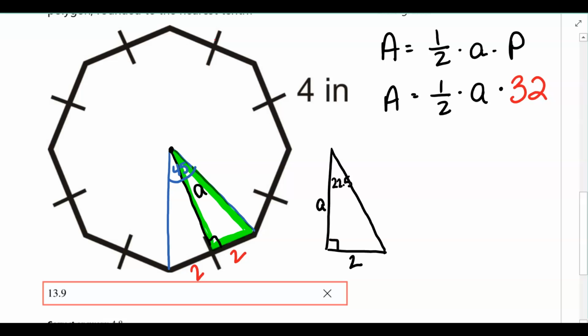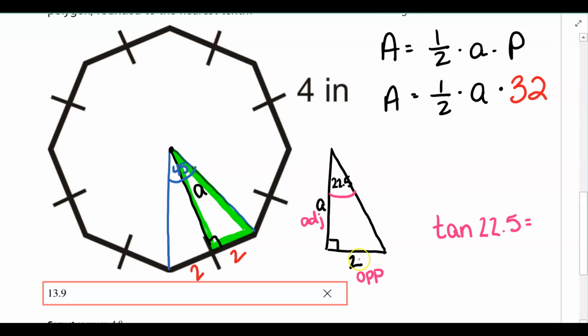At this point, we need to do some trigonometry. From this angle's point of view, I know the side opposite from it, and I want the side adjacent to it. So if you remember SOHCAHTOA, that means you're going to be using tangent of 22.5.